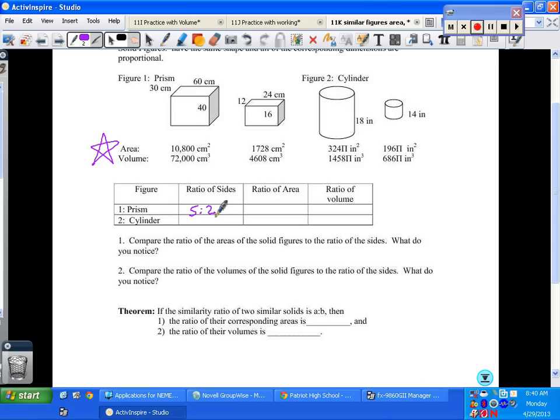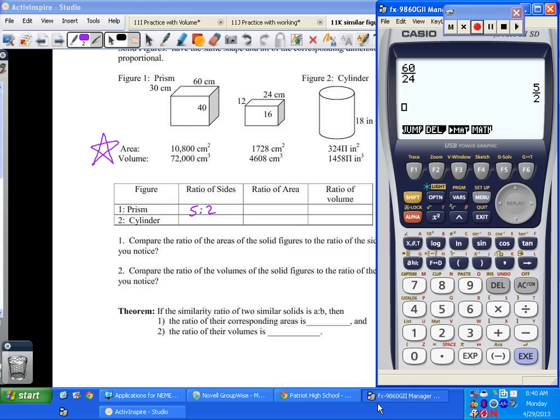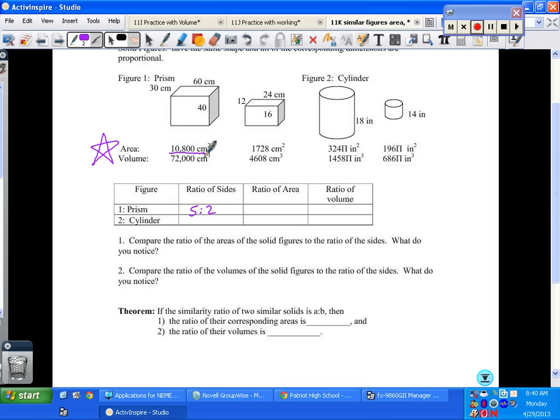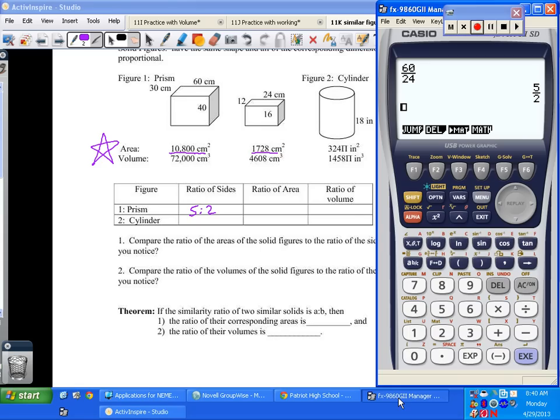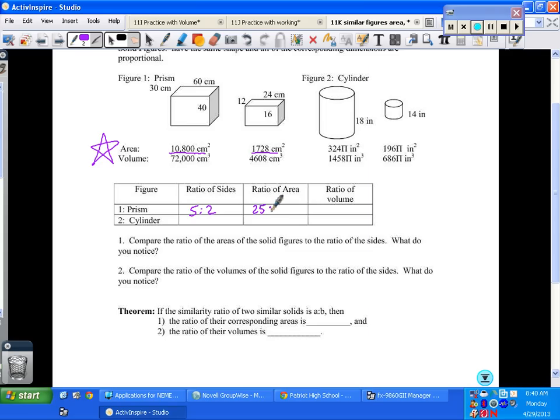The ratio of the area of each is 10,800 and 1728. So on my calculator, I'm just going to take 10,800. The fraction button is that button right there. And then put 1728 as the denominator. I hit enter and it reduces it for me, and that's 25 to 4.